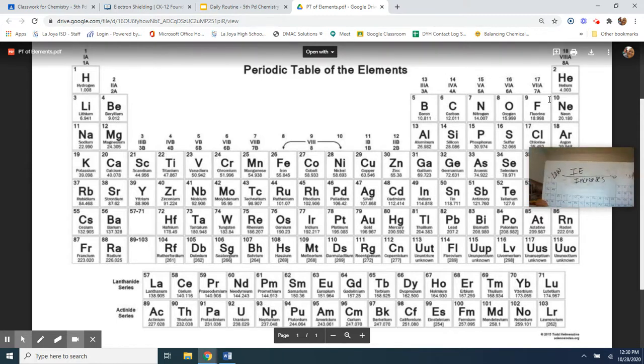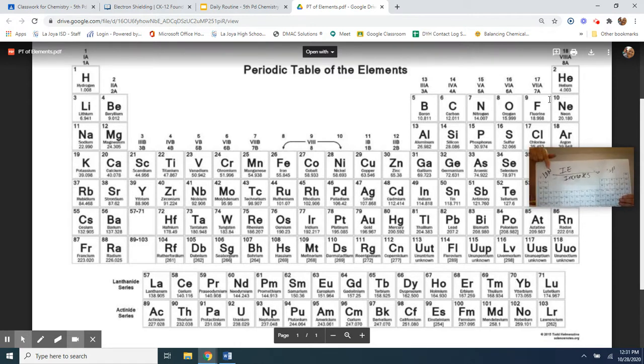If you have your periodic table, on the side where you have hydrogen, group 1 and group 2, ionization energy is really low. And as you go across, ionization energy will start to increase until you get to group 18, where it is the highest. It's really hard to lose electrons on this side of the periodic table.